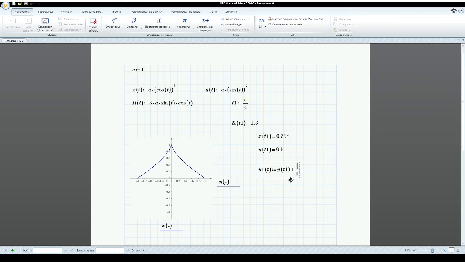It means the derivative of y over the derivative of x, times x minus x of t1.